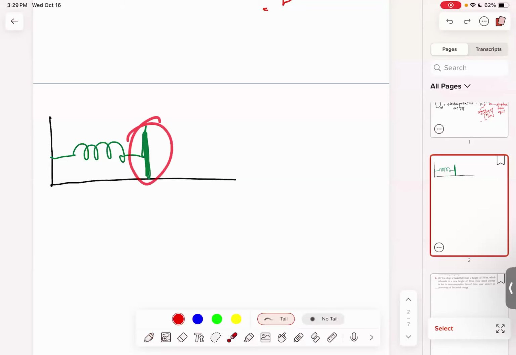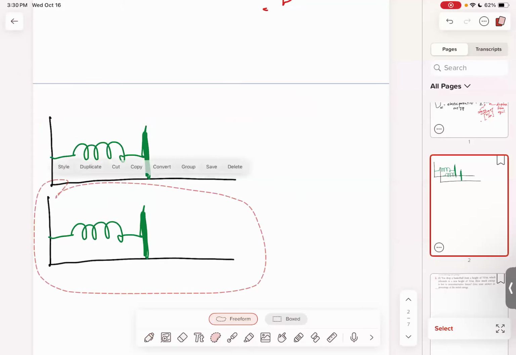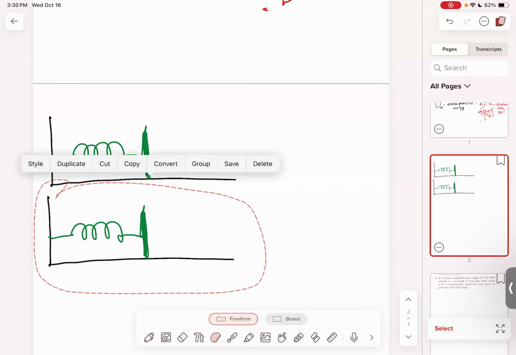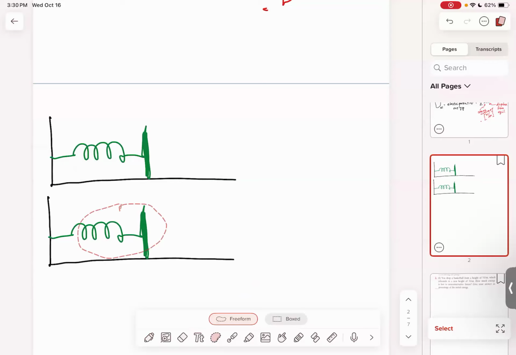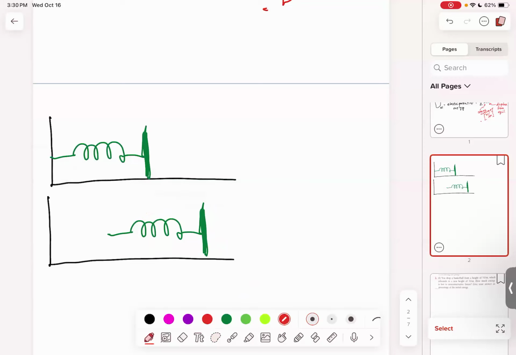And this right here is just some wall or something to push on to give us some leverage. And what we're going to do is compress the spring. So let me just duplicate that over again, except this time I'm just going to move the spring outward a little bit and give it a little bit more length.